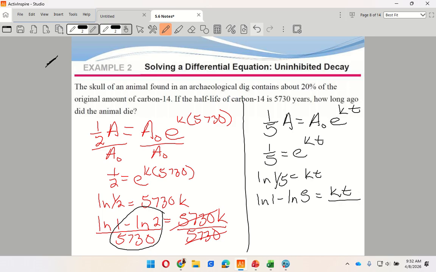Divide both sides by k. And what can I get? Negative, negative makes that a positive, so it's going to be 5730 ln 5 over ln of 2.